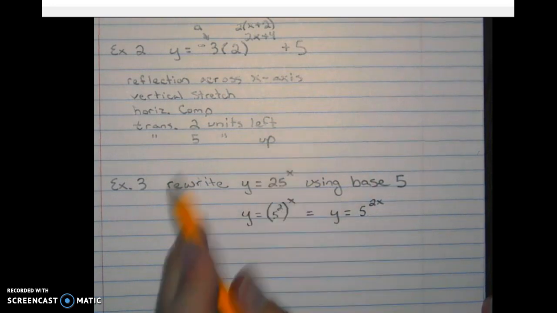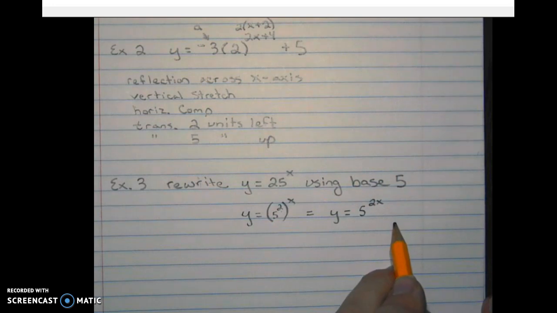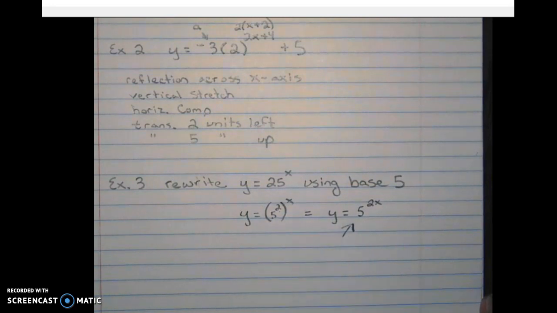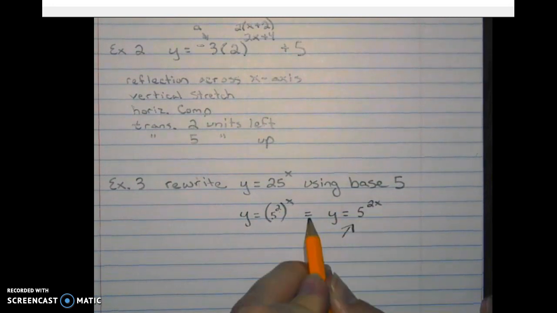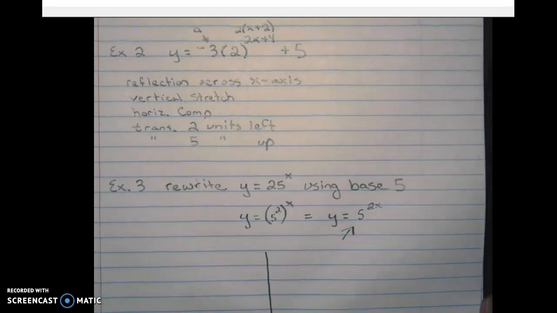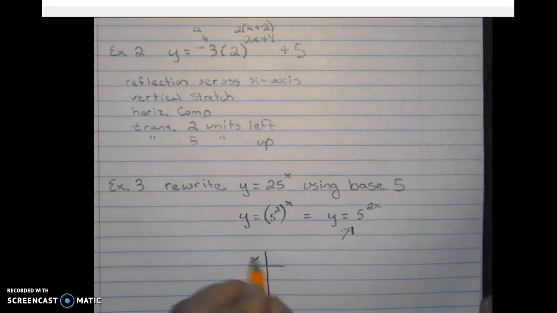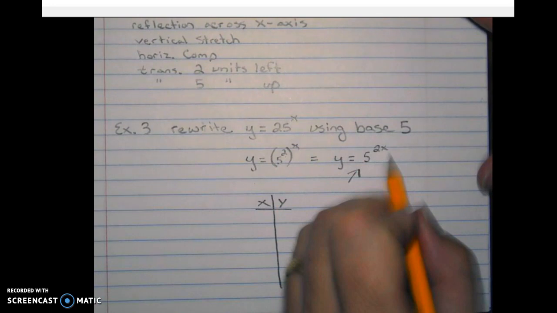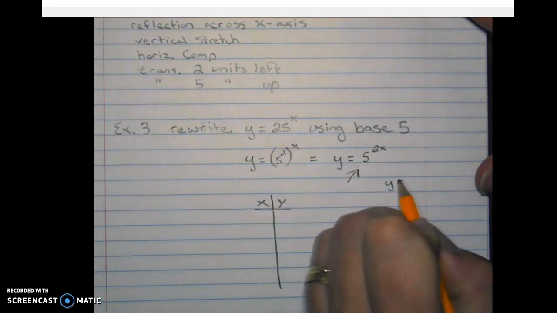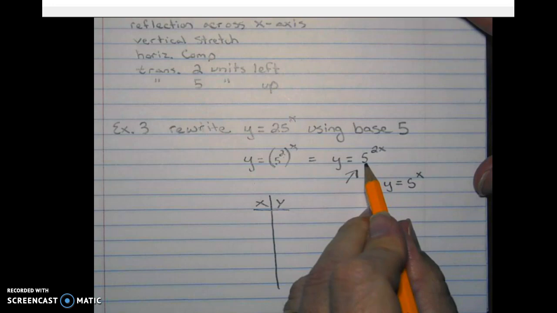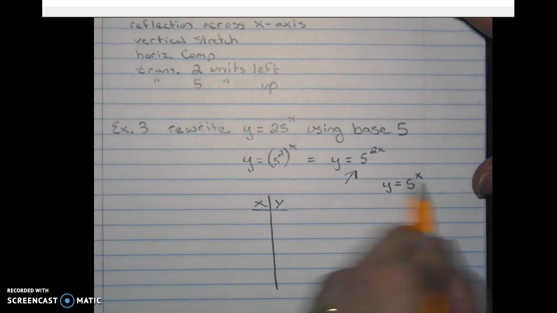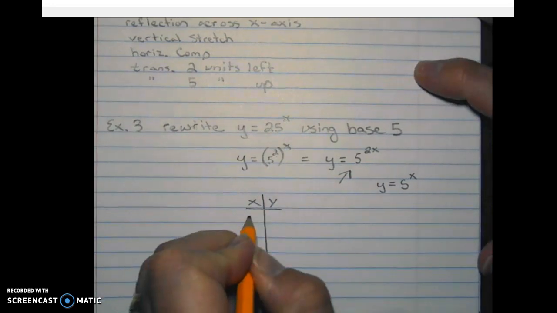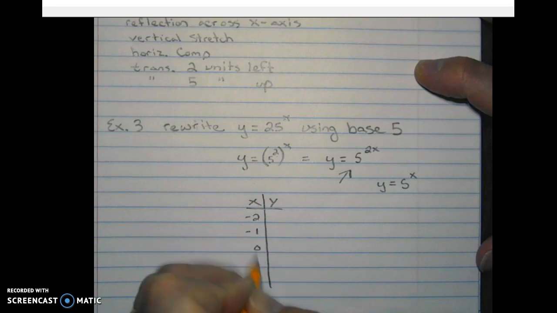Now how would we graph this? Well, if I wanted to graph this by hand, the first thing I would do is start off with the parent function and then perform the transformations. So the parent function for this is y equals 5 to the x. It's basically the base raised to the x power, not including any of the transformations. So again, choosing some negative and positive numbers.